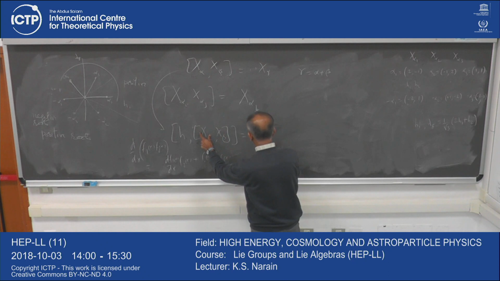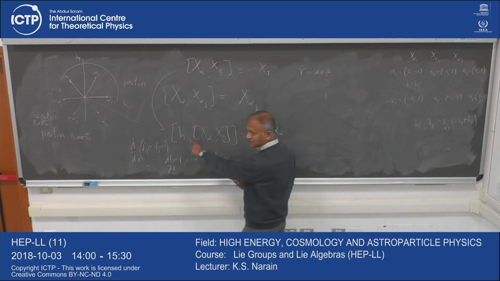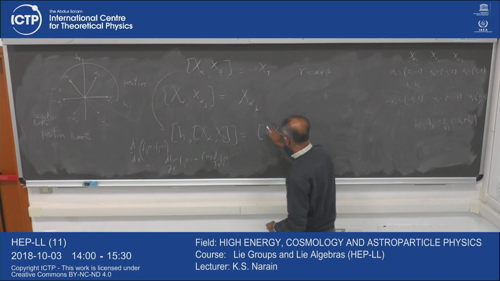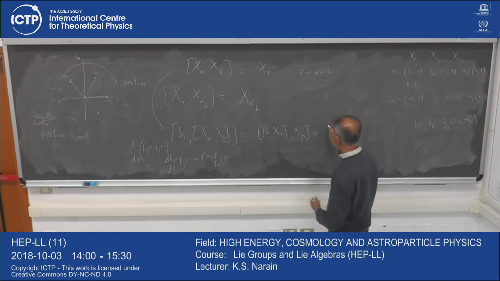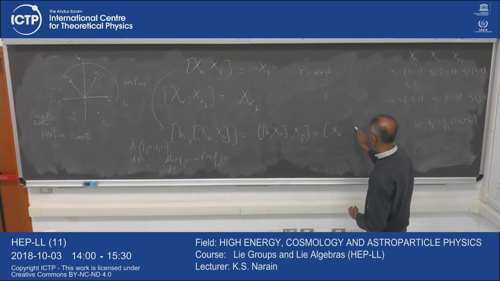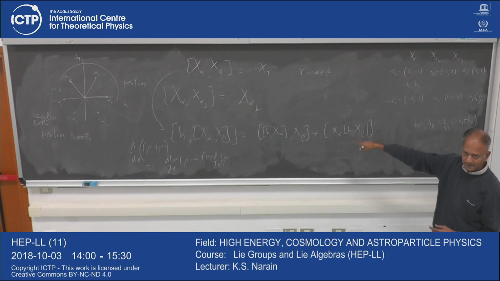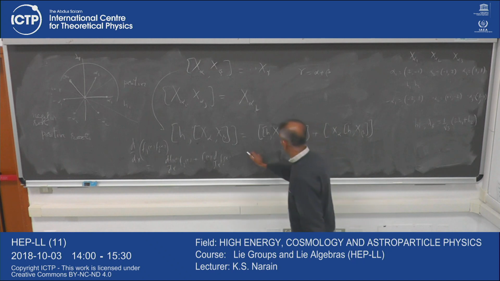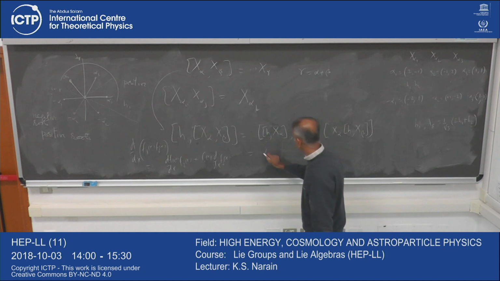So when I apply it here, I get the derivative acting on x alpha, but what is a derivative? According to our definition, the derivative is the commutator. So it is the same as taking the commutator, and then you have x beta, plus the other term, x alpha, and then I apply the derivative on x beta, which is again the commutator. This is a very easy way to remember. This is the same as the Jacobi identity. But then you use the fact that these are already eigenstates, and the eigenvalue is alpha h.